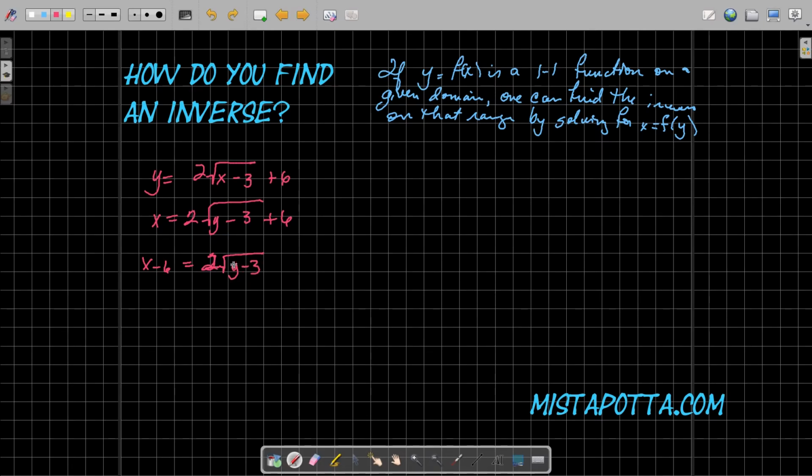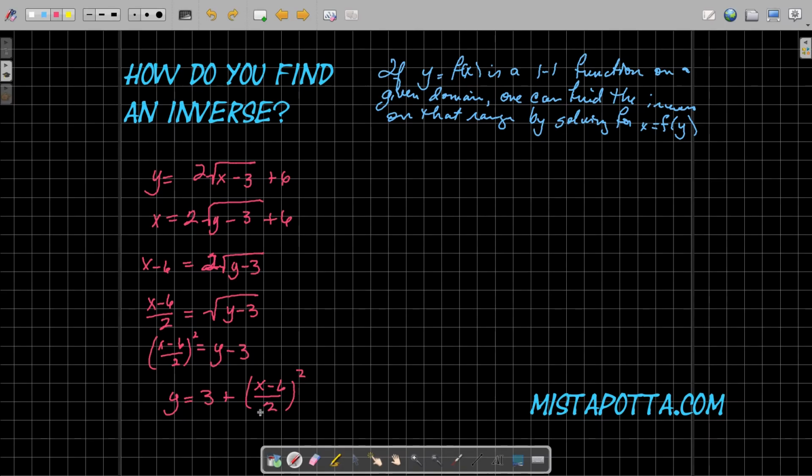And this number in front of the square root is really a multiplication. I need to undo this multiplication. So I end up with x minus 6 over 2 equals the square root of y minus 3. And now I need to get rid of the square root. So I have the quantity x minus 6 over 2 squared equals y minus 3. And so I get y equals 3 plus the quantity x minus 6 over 2 squared.